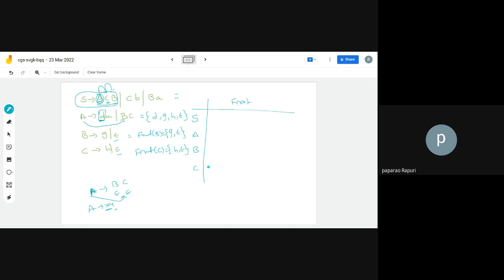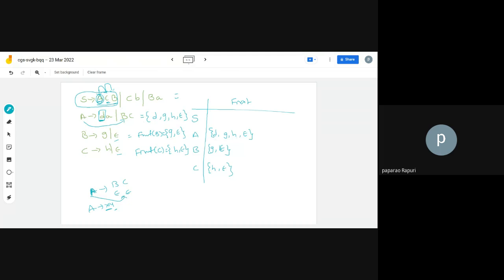So here it is H comma epsilon, and here it is G comma epsilon, and A is D comma G comma H comma epsilon. D comma G comma H comma epsilon, sir.